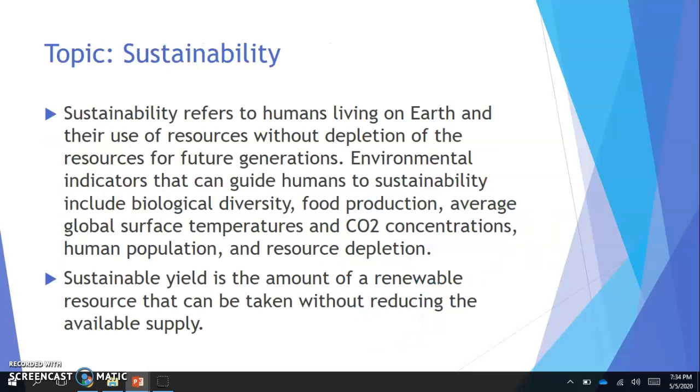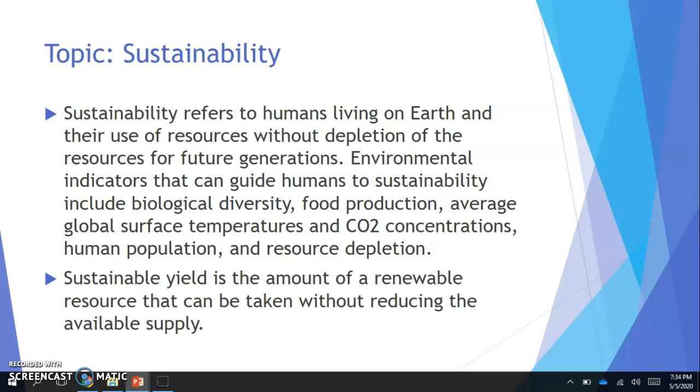So talking about sustainability, this is a really big topic, and this just refers to humans living on Earth and their use of resources without depletion of their resources for future generations. So basically, if we live in a sustainable world, it means that we can reap what we need from the earth while still maintaining and protecting it so that future generations can also have those same resources that we have as well.